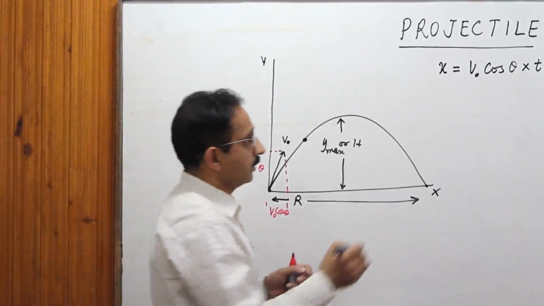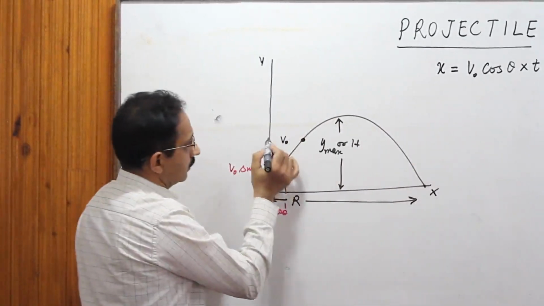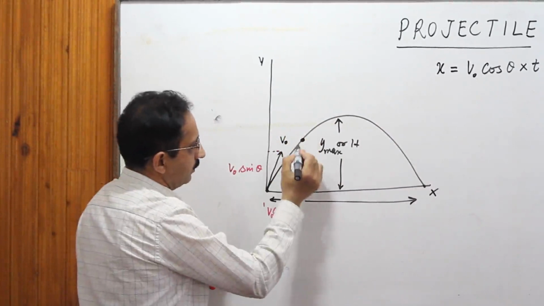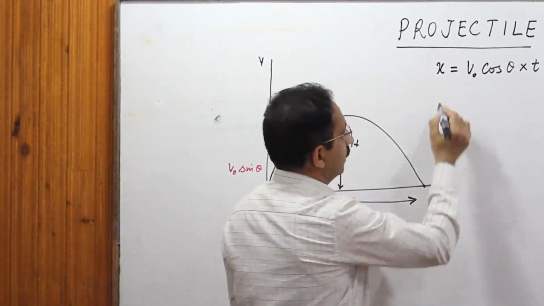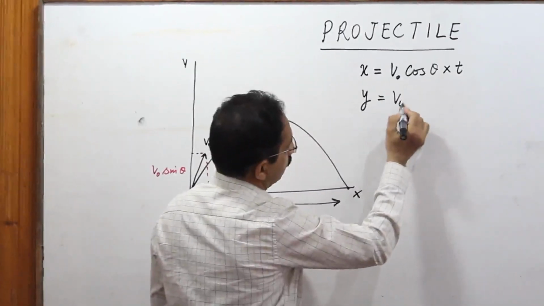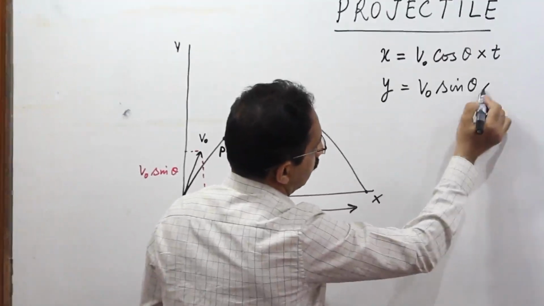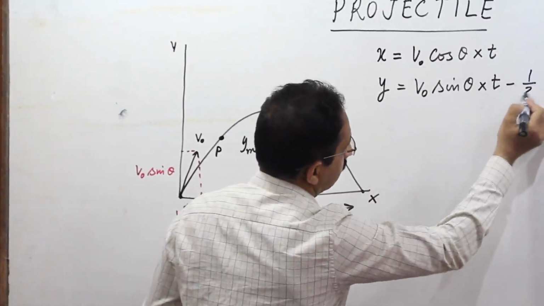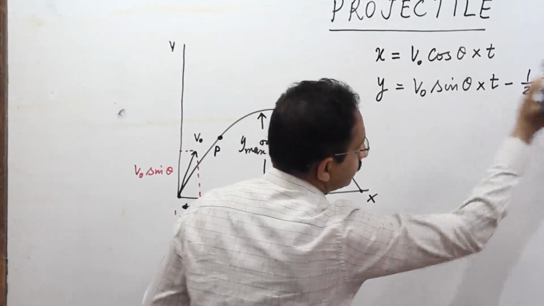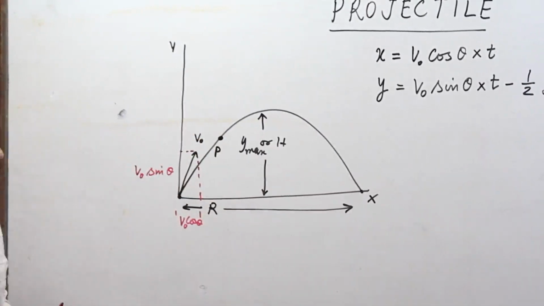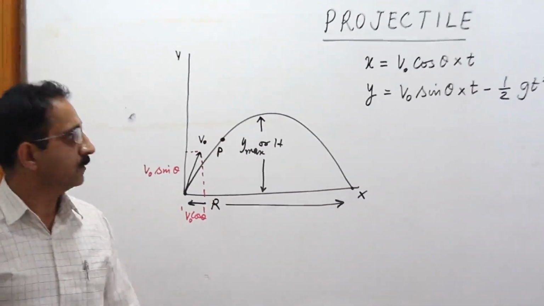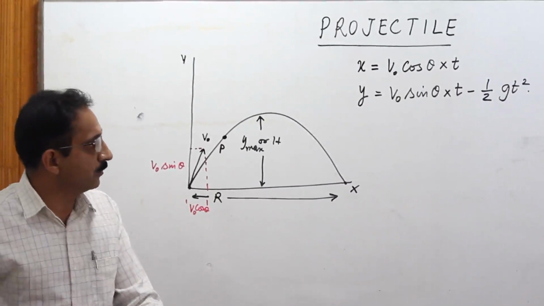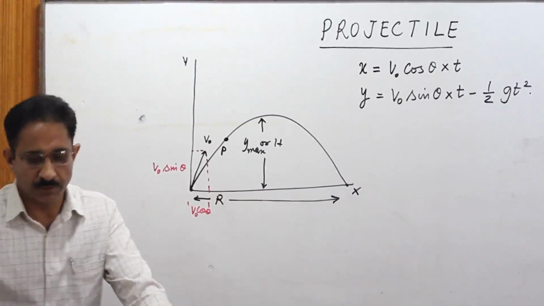If y is the coordinate of this point P, then y is equal to v0 sine theta into t minus 1 by 2 g t square. The horizontal motion is a uniform motion, whereas the vertical motion is a uniformly accelerated motion.